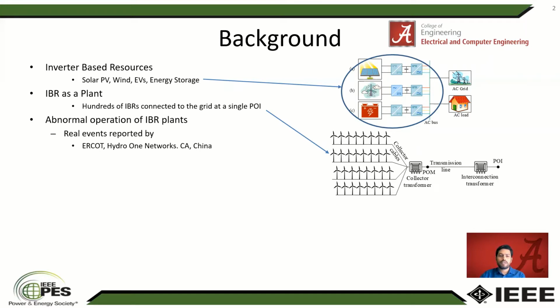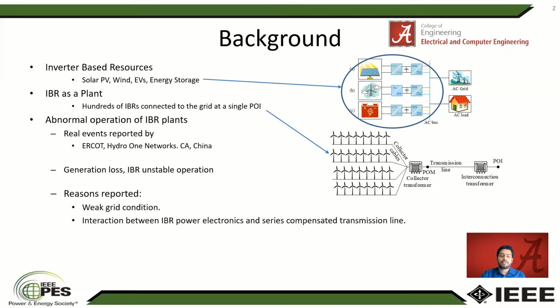Now, when the IBRs are connected to the grid as an IBR plant, recently several events occurred. They are abnormal operations, such as generation loss and IBR unstable operations, sometimes tripping of the IBRs. The Texas Reliability Entity has reported some of these events, and Hydro One Networks in Canada and some organizations in China also reported it.